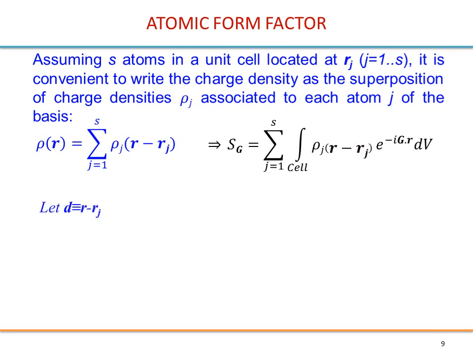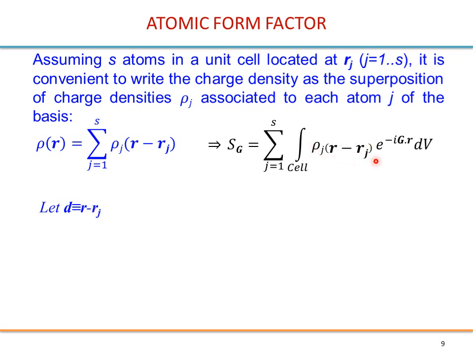Alright, so now r and R_j here are with respect to an origin which is fixed somewhere, but it is more convenient to have an origin in the integration here that is the center of the atom. Okay, so we make this change of variable d equal r minus R_j.